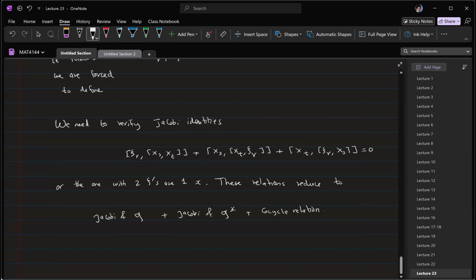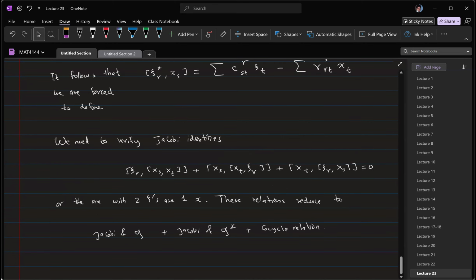Again, the cocycle relation you can describe in terms of these structural constants. It gives some quadratic relation between the C's and the gammas. So I leave the details as an exercise. It's really not that difficult. It's easier than the other calculations we've done before, but we're maybe short of time.